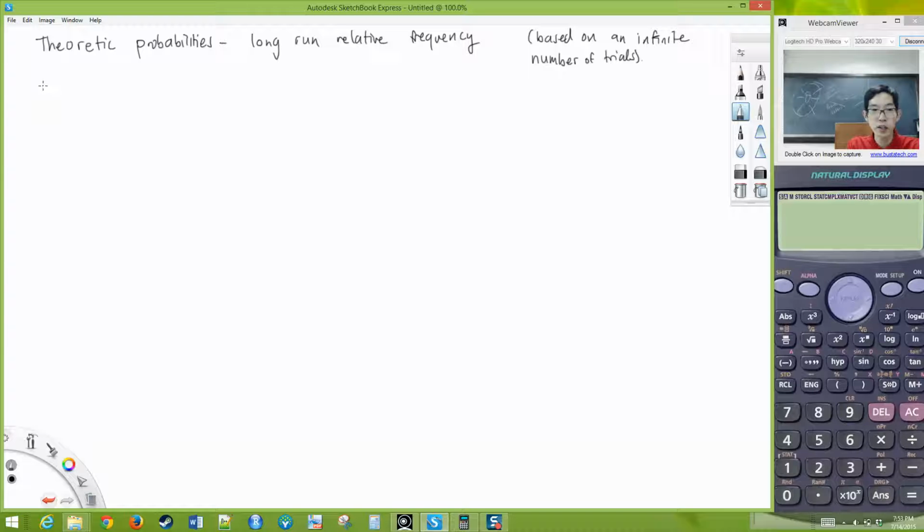On the other hand, we have empirical probabilities, which is the relative frequency based on actual observations or simulated observations.